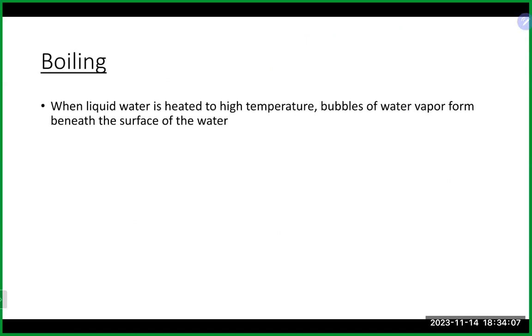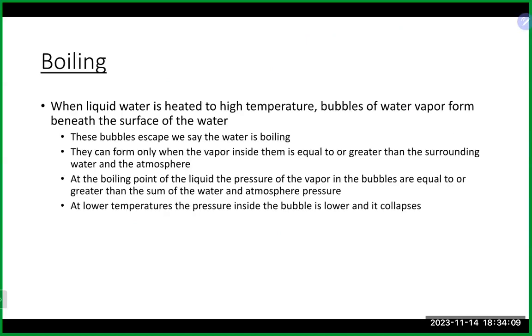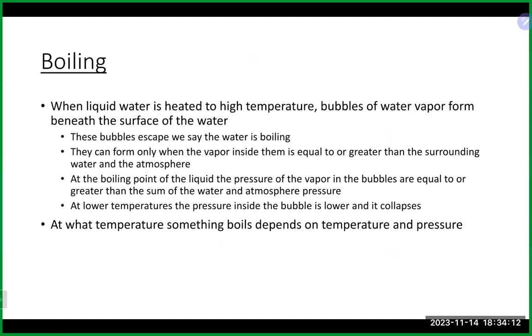All right, so continuing our journey here through liquid, let's talk about some processes that we're probably familiar with. Boiling. So when we heat water to its temperature and it starts to boil, that obviously happens at its normal boiling point.